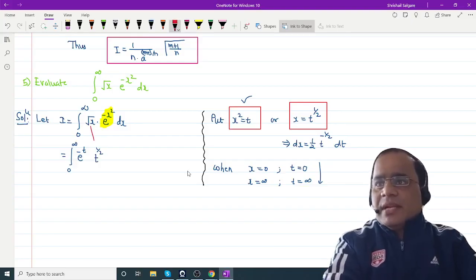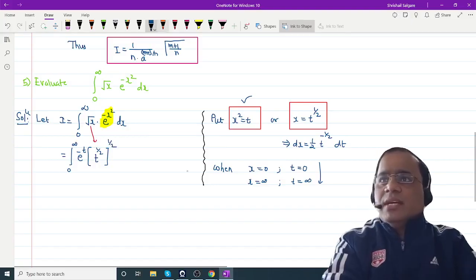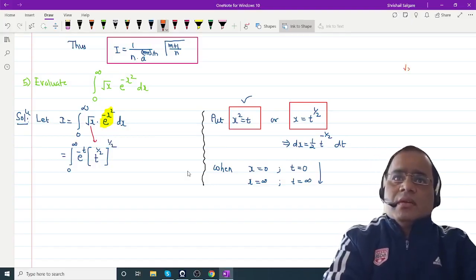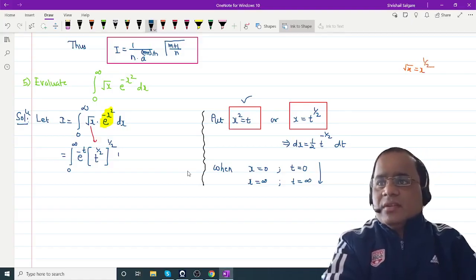Further, how can that root x be adjusted? Root x is nothing but x raised to 1 by 2, so further raised to 1 half. dx is given by 1 upon 2 into t raised to minus 1 half dt. Now from this I will take the constant term.